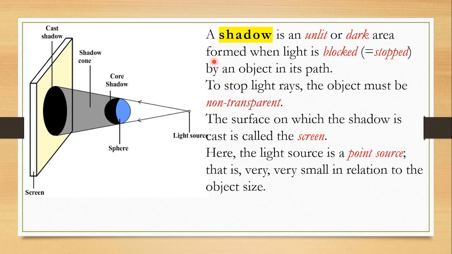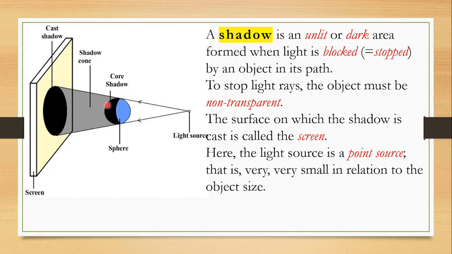First of all, let us understand shadow, because eclipses are essentially shadows. A shadow is an unlit or dark area formed when light is blocked or stopped by an object in its path. So an object in the path of light blocks the light.